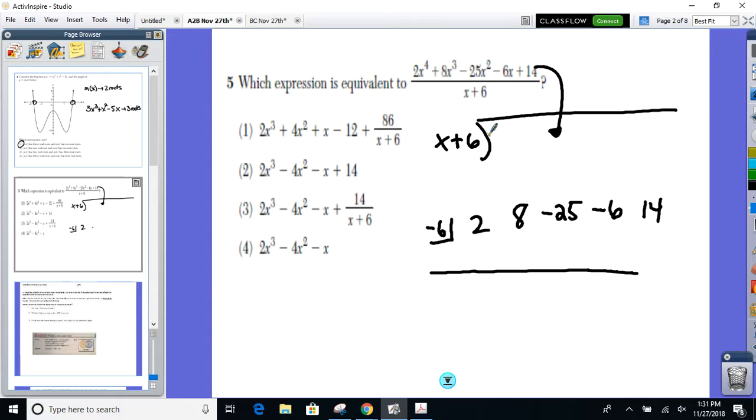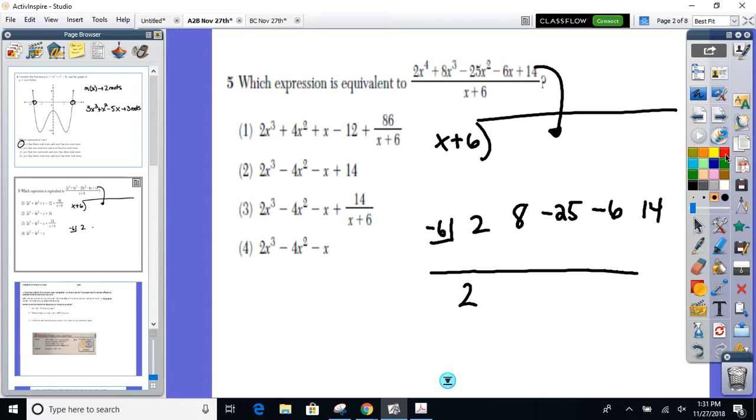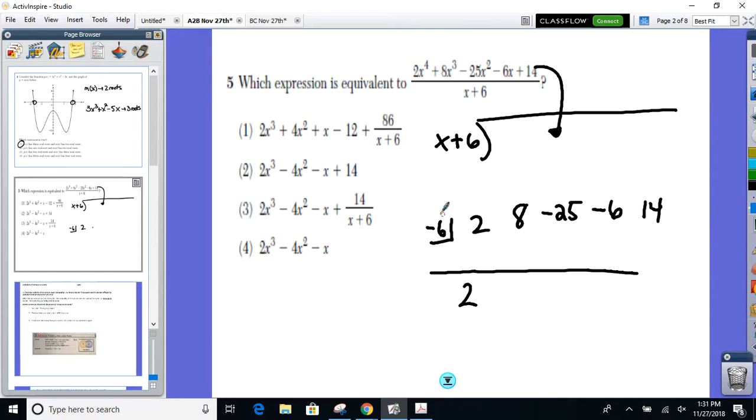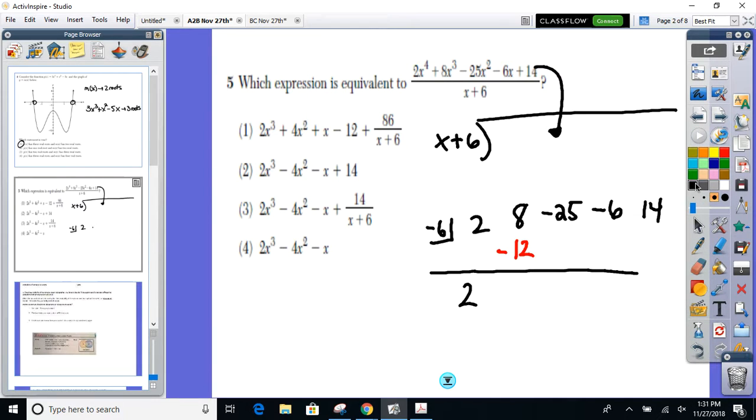All right, nice job. How do I do this now? You got it set up for me, right? Drop the first coefficient down. 2. Got it. Then multiply 2 times -6. I always multiply by that number. That'll give me -12. So that'll give me -4.